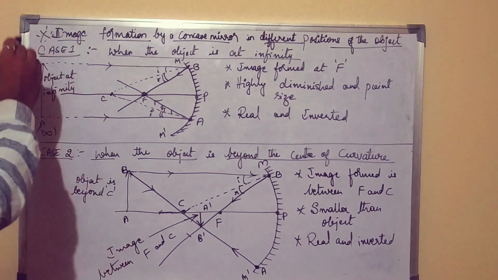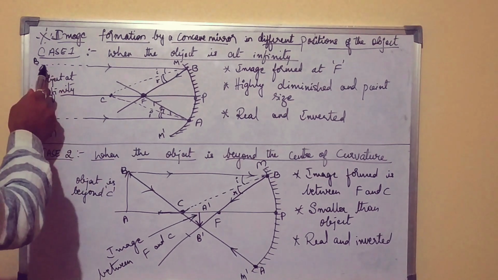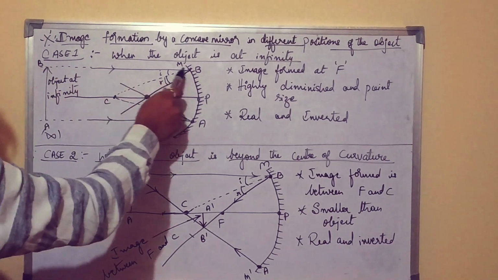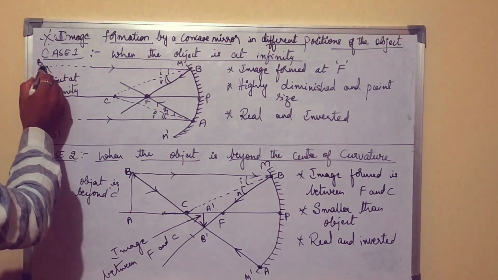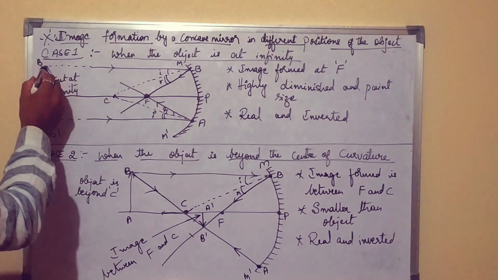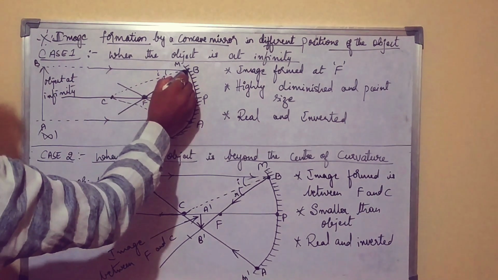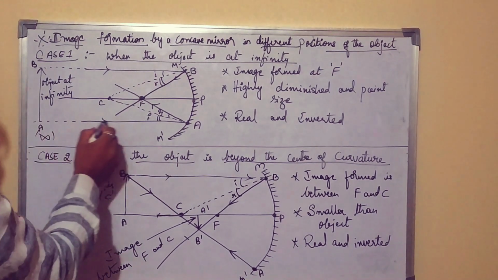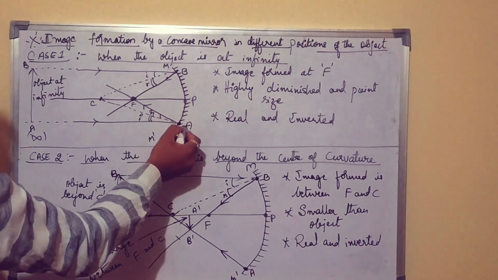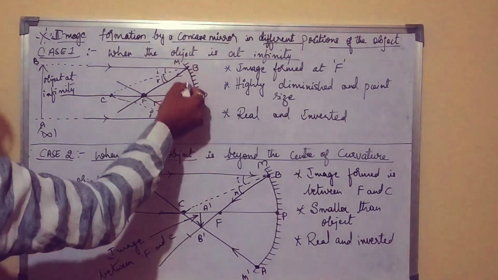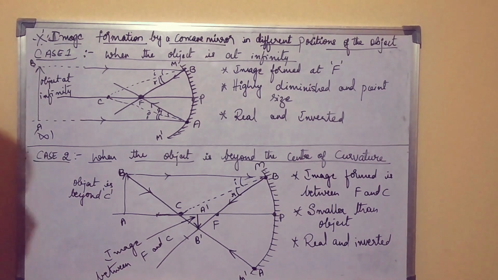Now, from infinity, you have two incident rays. AB is the object. From point B, one incident ray is traveling, and from point A, one more incident ray is traveling, and they strike two points of the reflecting surface of the concave mirror respectively.